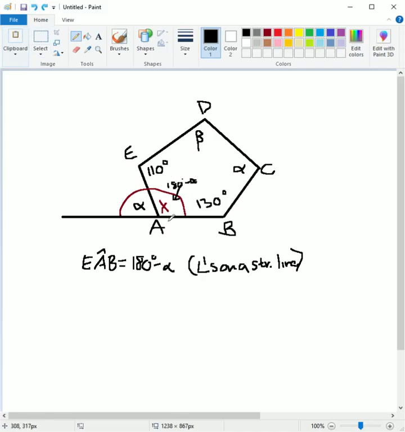Okay, so now we have a value for each angle. The next thing we are going to do is say that the sum of our interior angles, so A, plus B, plus C, plus D, plus E, you add all of those together, you get your 540. Why? This thing is a pentagon. So let's say angle EAB, plus angle B. B is only one angle, so we don't have to give it 3 letters to name it.